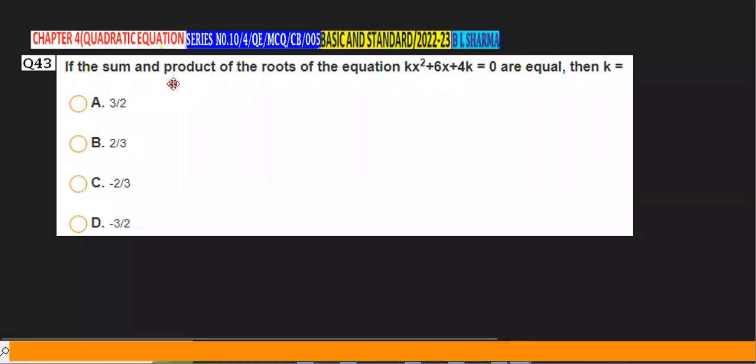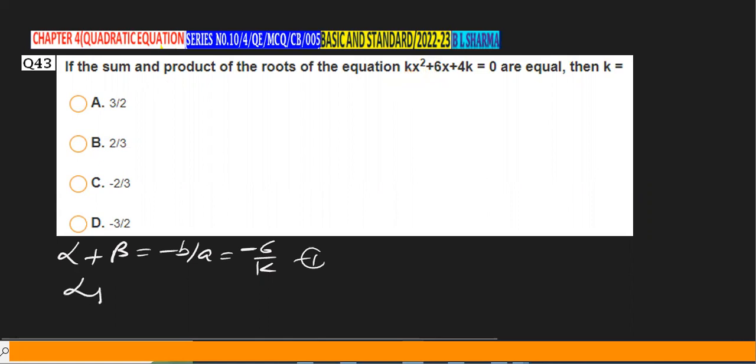If the sum and product of the roots of the equation kx square plus 6x plus 4k is equal to 0, then find out the value of k. It is already given that the sum of zeros is equal to the product of zeros. Sum of zeros is minus b upon a, that is minus 6 upon k. See here, ये माइनस बी हमें पता है कि सम ऑफ जीरोस होता है माइनस बी अपॉन ए, b is 6, so minus b is minus 6 and a is k.